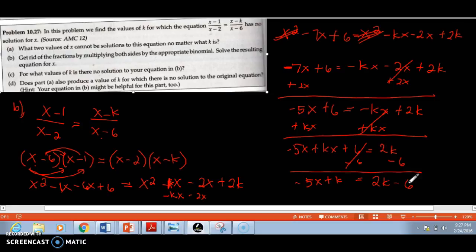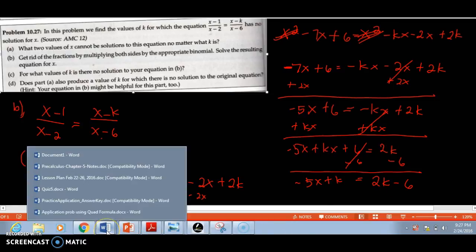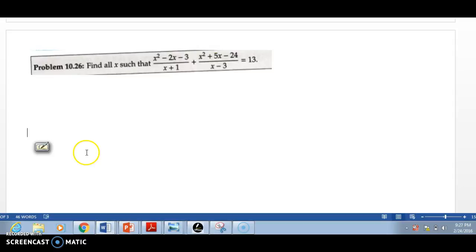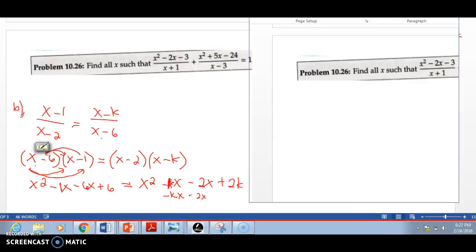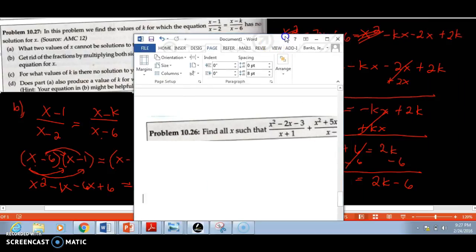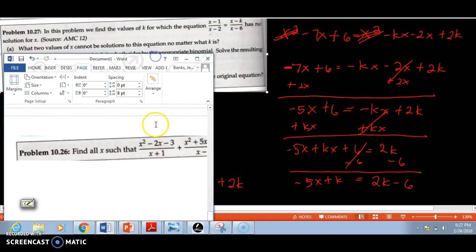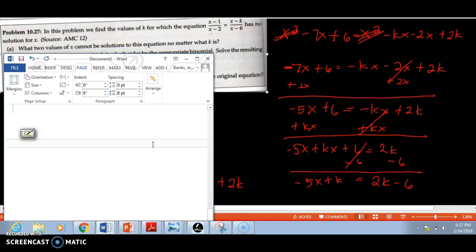Okay. Now let me get a clean sheet of space here. All right, so let's continue this equation right here.